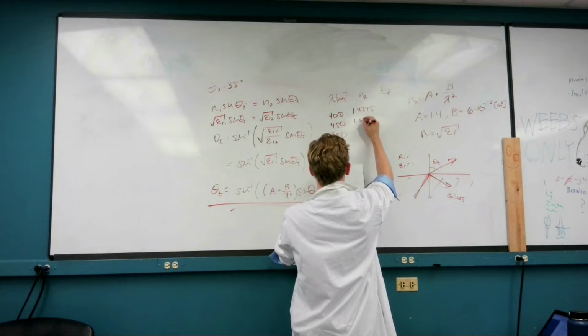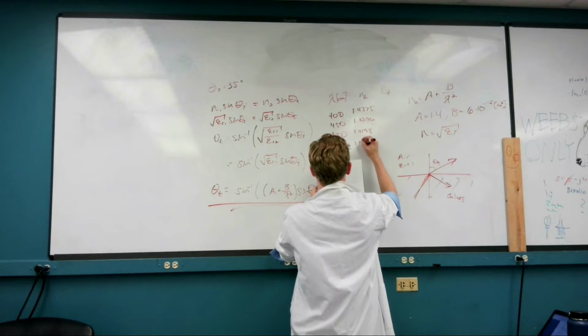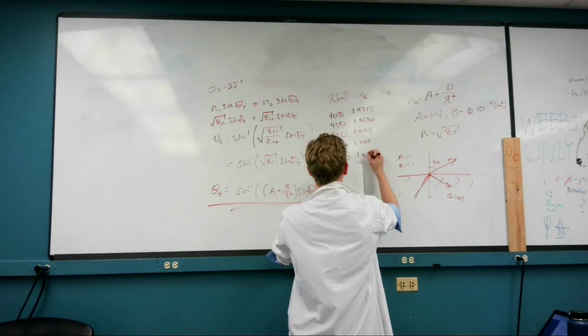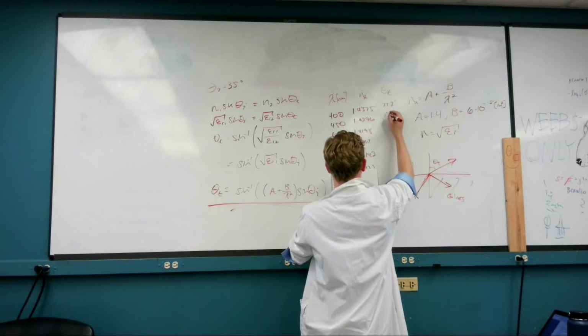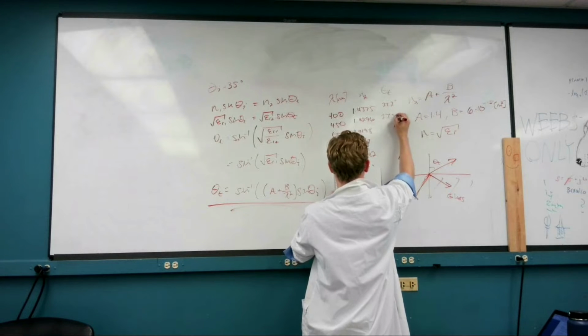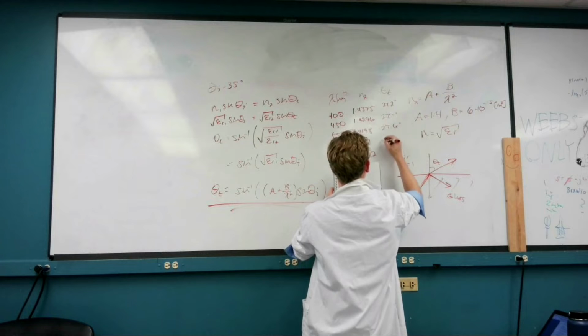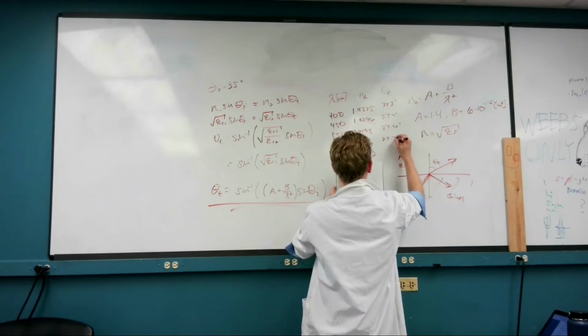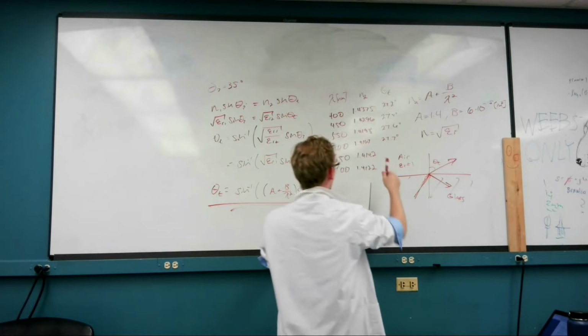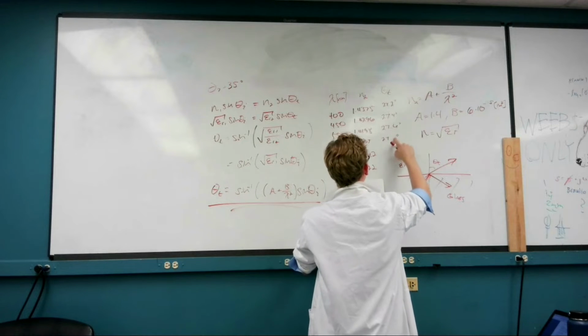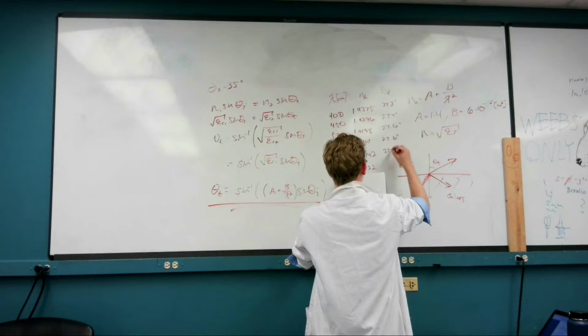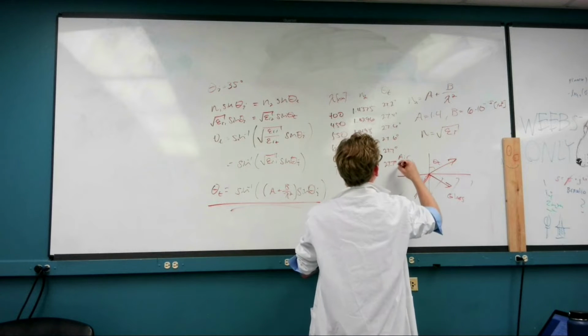Here are the values of n, and here the angles in degrees, roughly 2.66, and of course I rounded here.